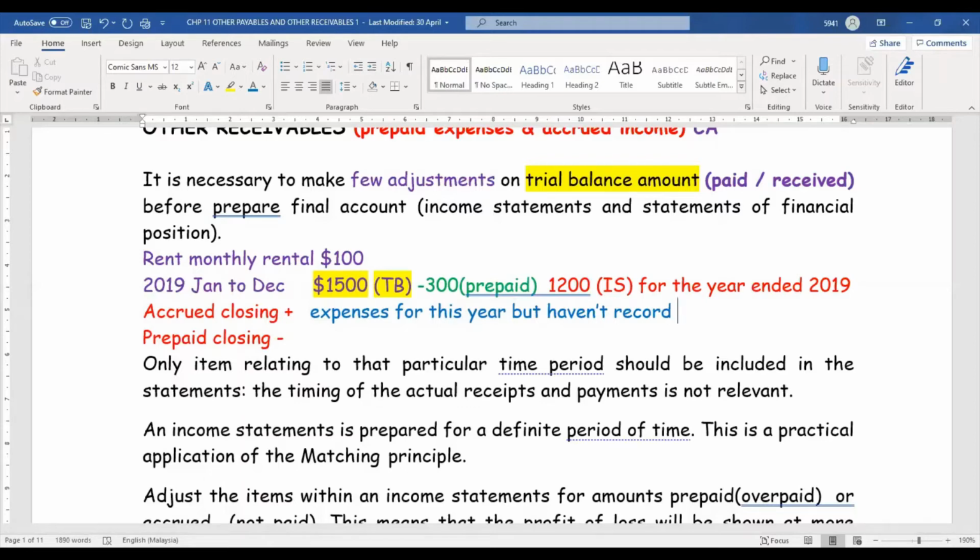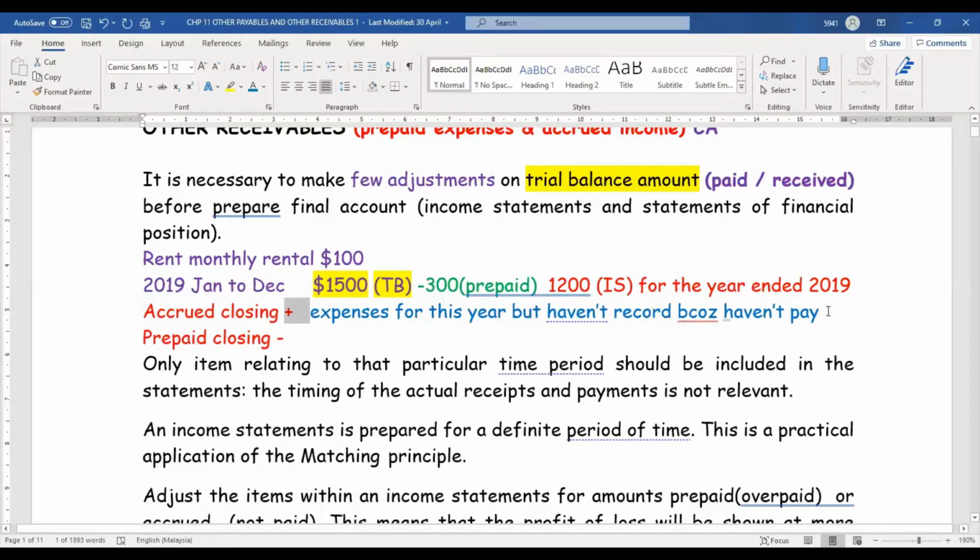Because we haven't paid. Since we haven't paid, we haven't recorded it in the trial balance. So even though we didn't pay the expenses, that particular amount is our expense for this year. So we plus it into the amount that we already paid.